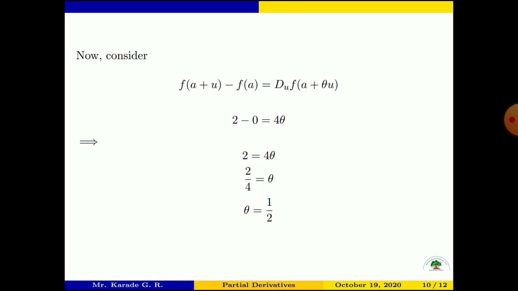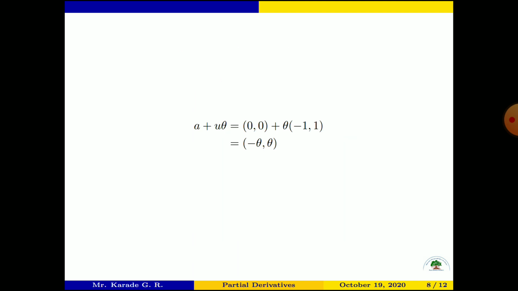So 2 minus 0 equals 4 theta. In the next step, 2 divided by 4 is equal to theta, and therefore theta is equal to 1/2. So in this way, we find the value of theta which satisfies this condition.